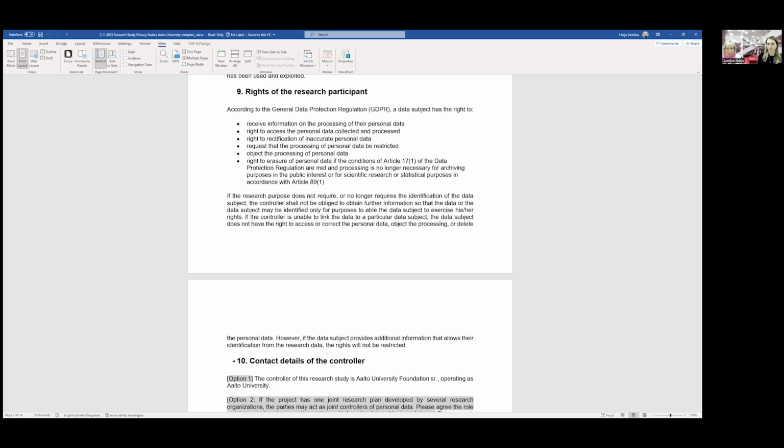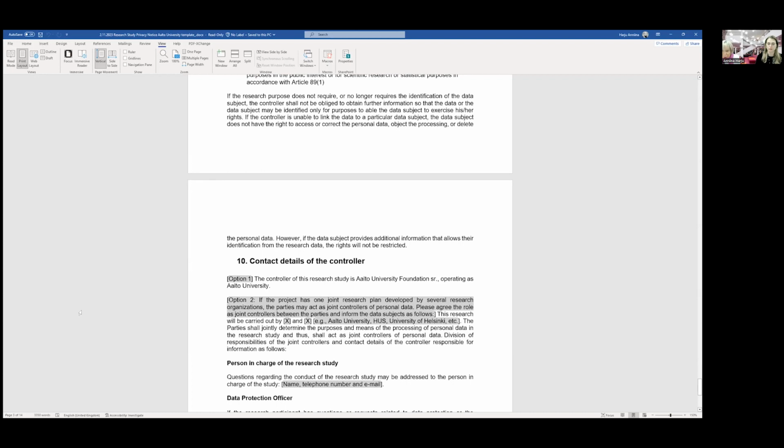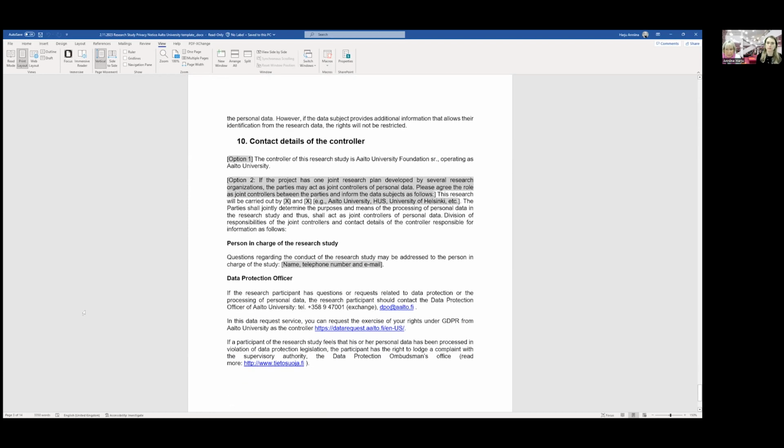But these are the rights, and if they do contact, we have later the contact address of the data protection officer, so they can contact her. But if they do contact you, don't say no; transfer that request to the legal counsel, or even more so to the data protection officer, if somebody requests to use these rights, which they have.